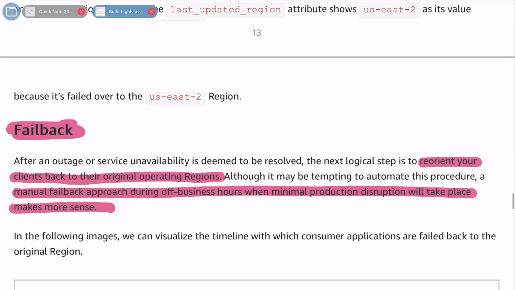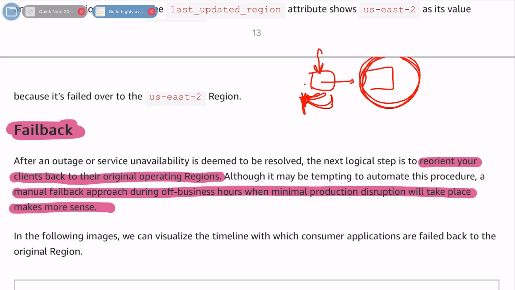Moving forward with the failback. Failback is like, once you have moved from region 1 to region 2, and once region 1 comes back online, you want to switch back to region 1. This is your failover mechanism if region 1 is not available. This is your primary region, this is your secondary region. So if the primary region comes back online, you want to switch the traffic back again.